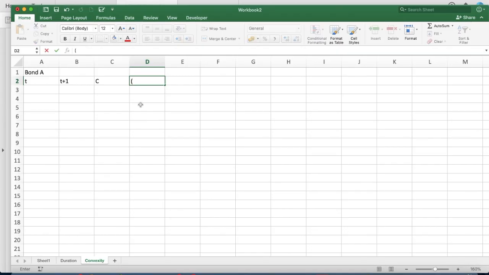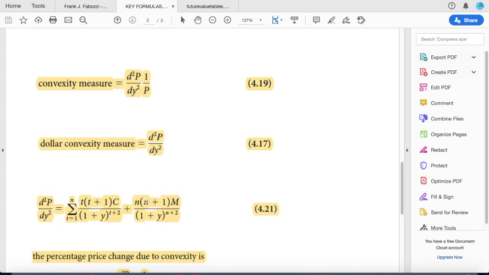So 1 plus y power T plus 2. This is for the first component. We also need to have the final payment and the 1 plus y power n plus 2.